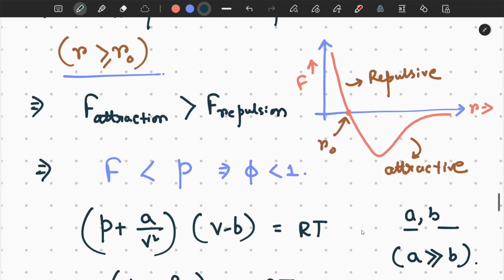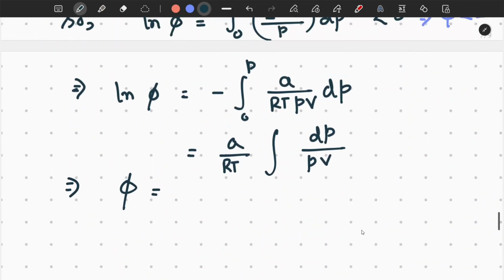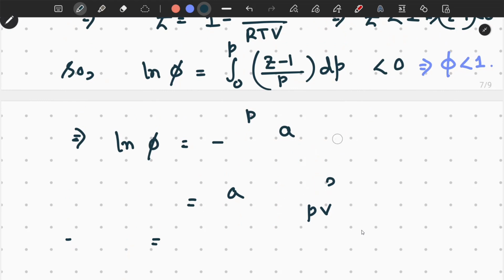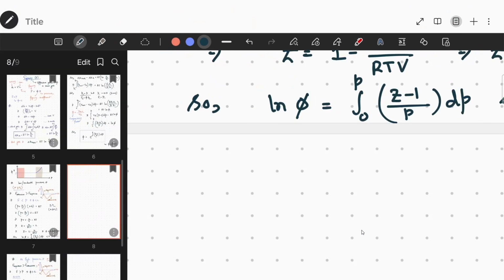It is low or moderate pressure already. But here it is clear that it will obviously be an exponential function because ln phi is there, so phi is e to the power something. So eventually it will be an exponential function that can be predicted totally.